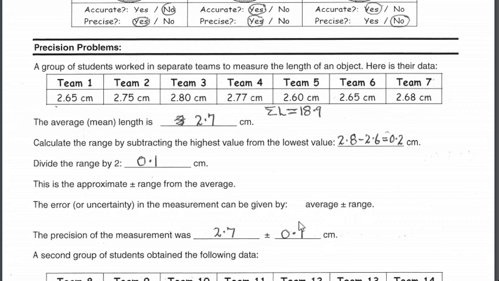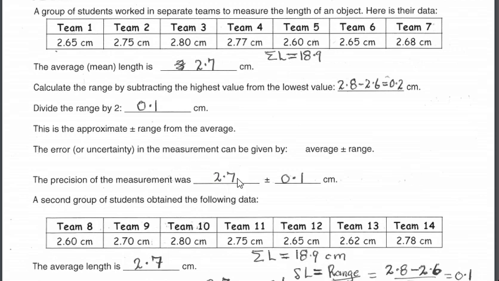Now, generally, the error is only given to one significant figure, or it's given to the same precision, the same number of decimal places as the data itself. And the average is generally given to one less significant figure than the whole data set.